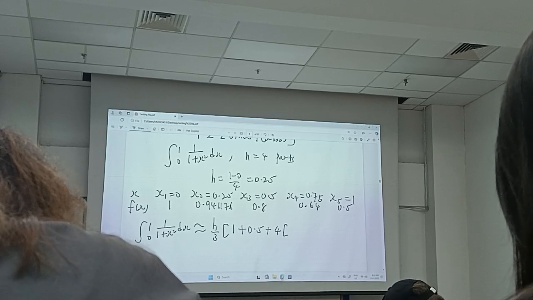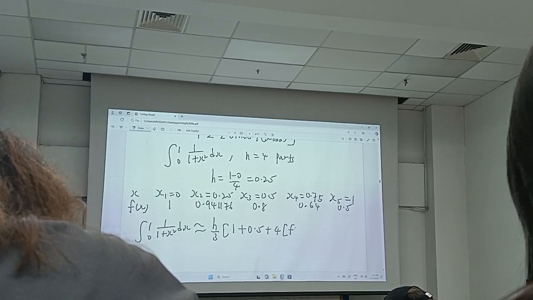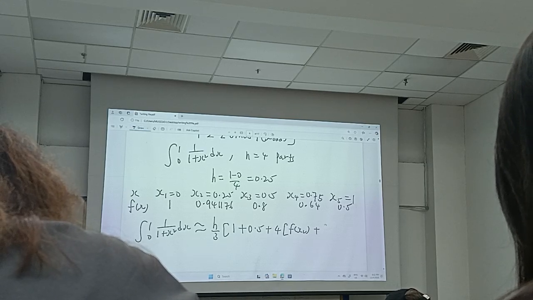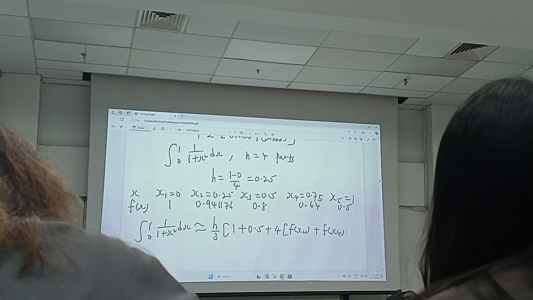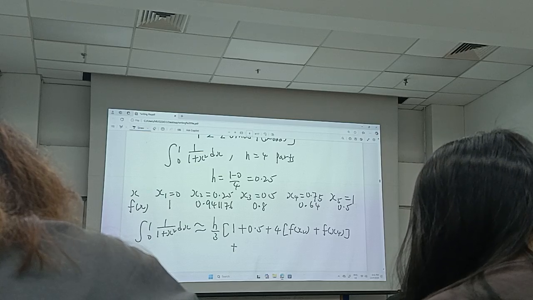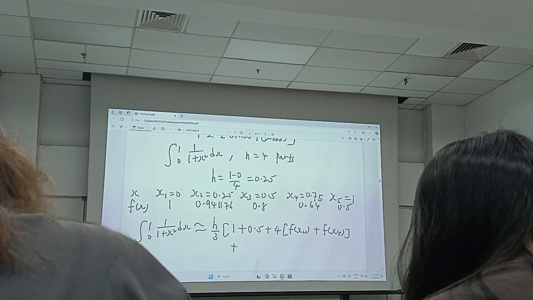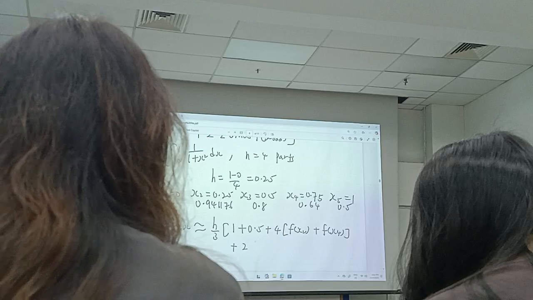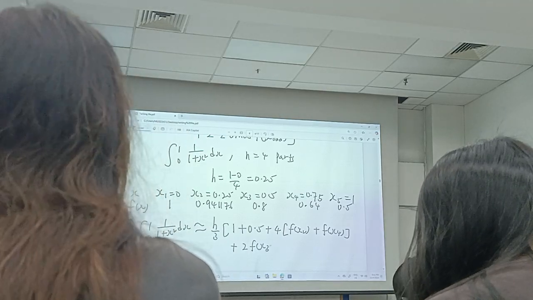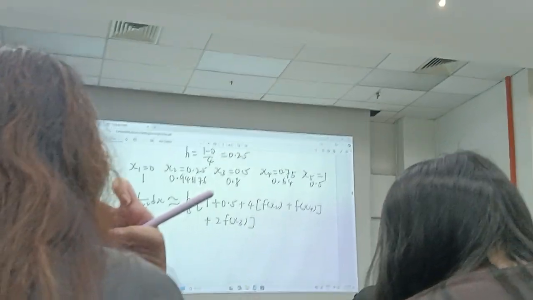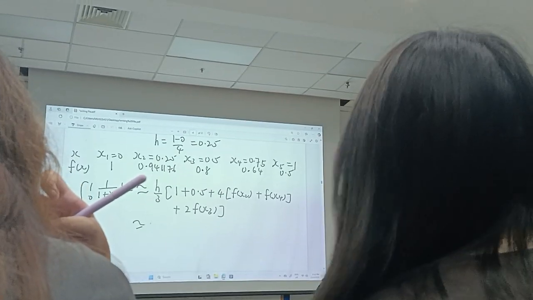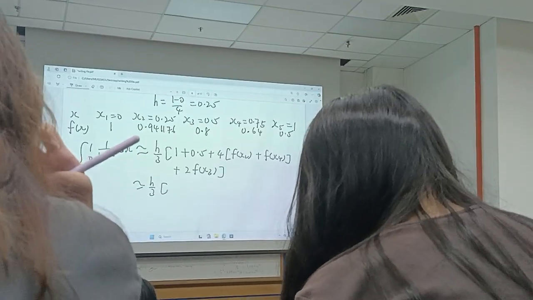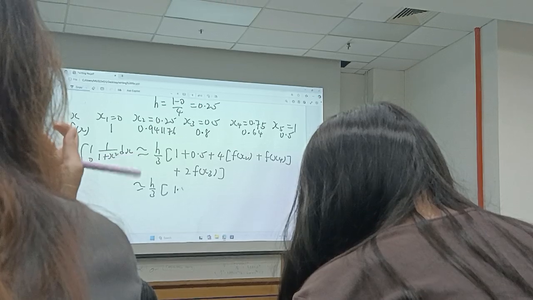What are the even numbers here? f(x2), f(x4). And 2 times others with the odd number. What's odd number here? f(x3). So 1.5.